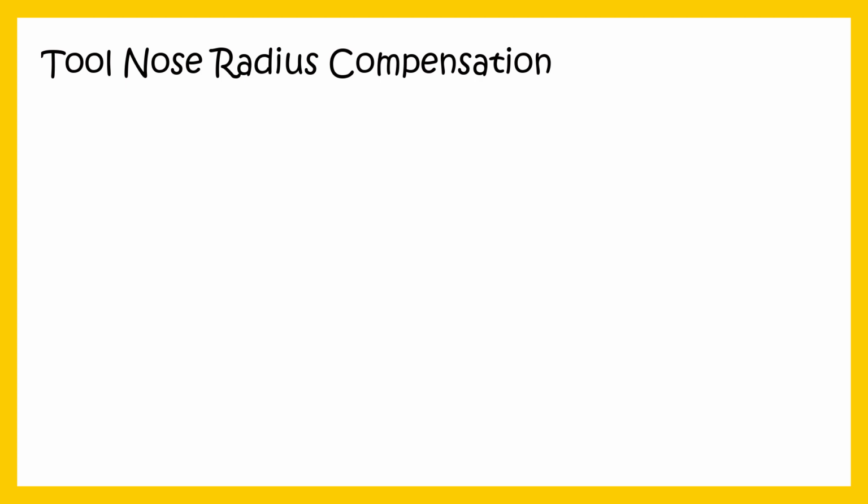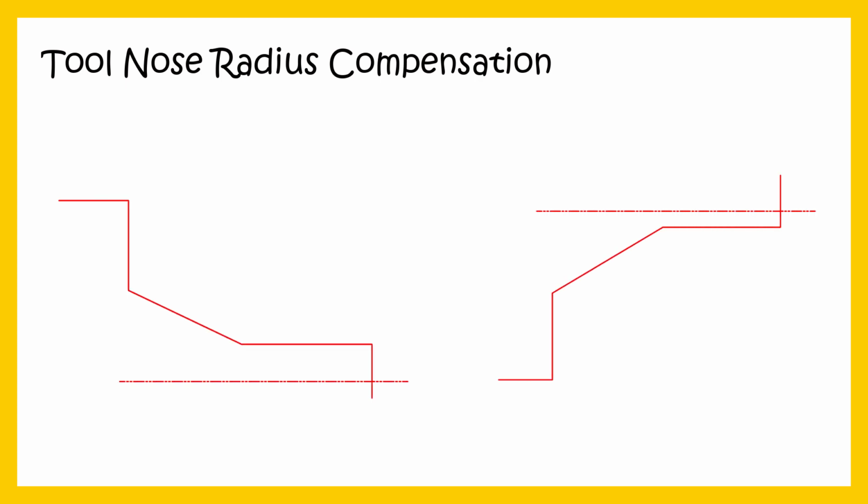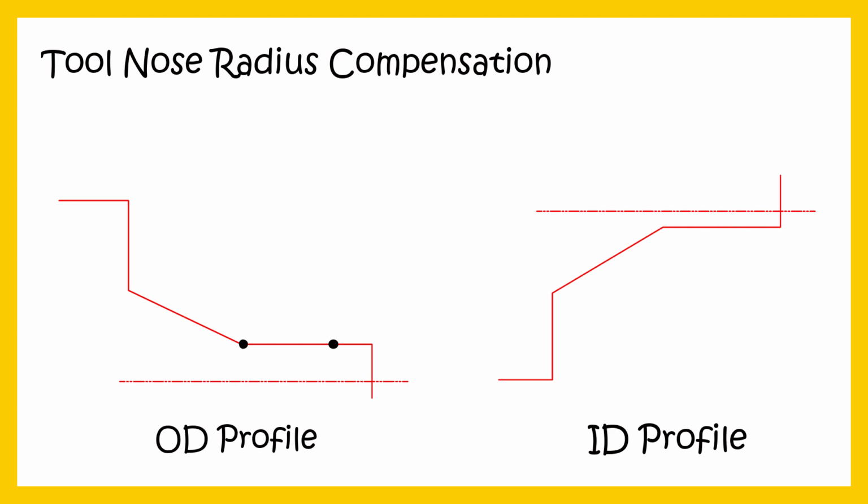Let us take one example. We have two profiles with us. The first one is the outer diameter profile and the second one is the internal diameter profile. We will consider 5 points on each profile. On this OD profile, we have point number 1, point number 2, point number 3, point number 4, and the last one is point number 5.